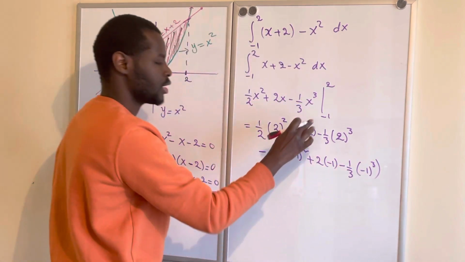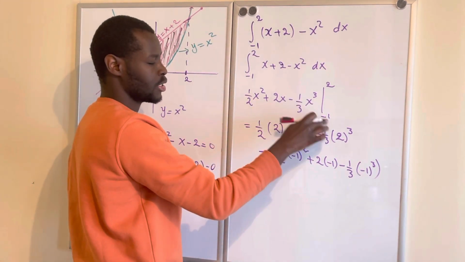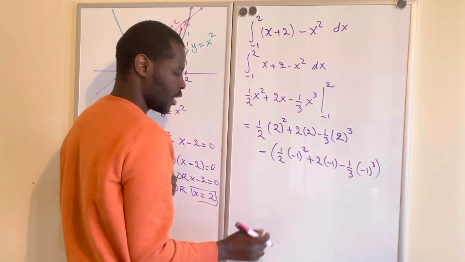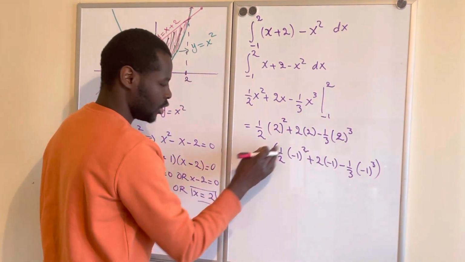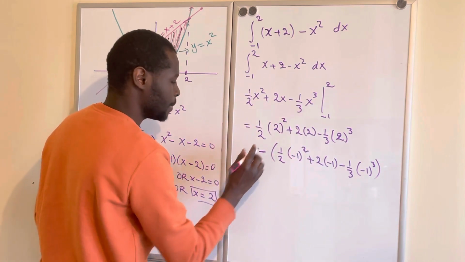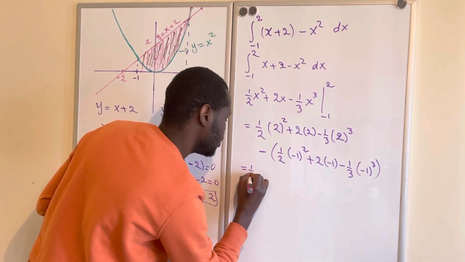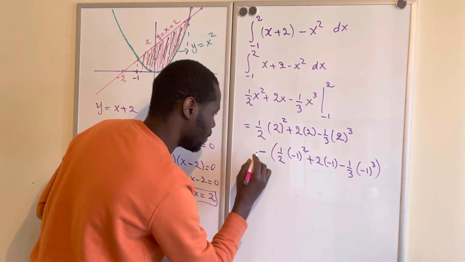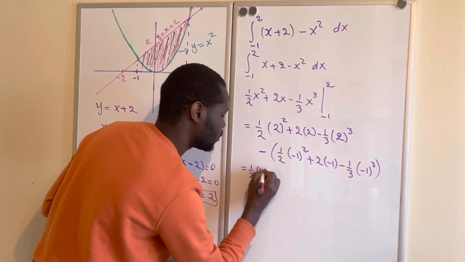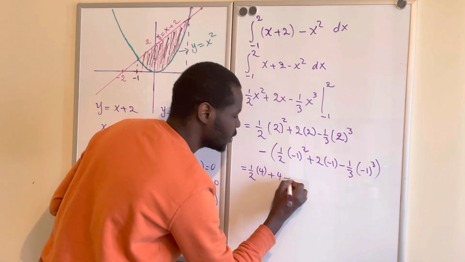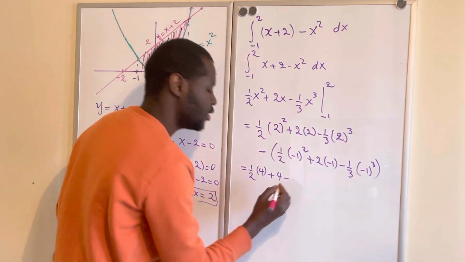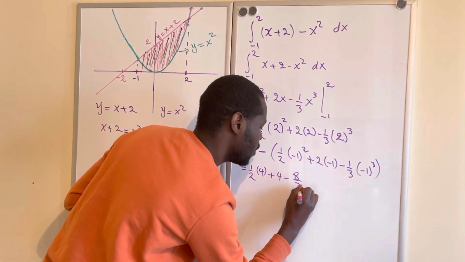Again, I am just substituting x with -1, since we evaluate the second part. Okay, so this is one equation. You simplify: 1/2 of 4 is 2, plus 4, minus 2 cubed is 8, so 8/3.